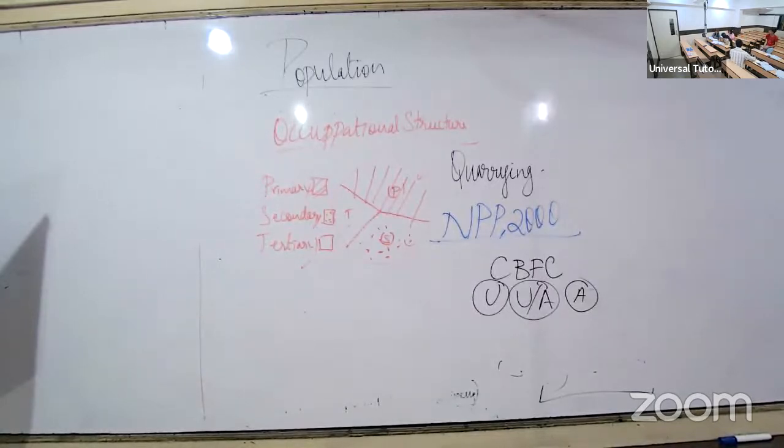Using a rectangle. Physical features of India. Where is the first chapter? Where is the first chapter? Story of village.